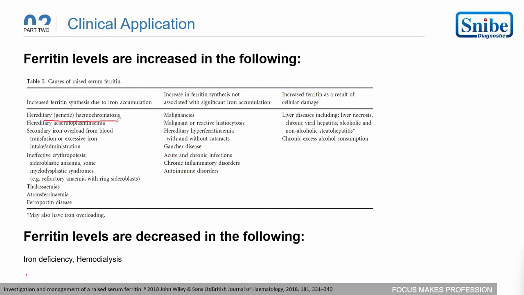Genetic hemochromatosis, the hereditary or genetic aceruloplasminemia, the secondary iron overload from blood transfusion or excessive iron intake and administration. So the thalassemia patient has elevated ferritin levels because they have repeated blood transfusions.